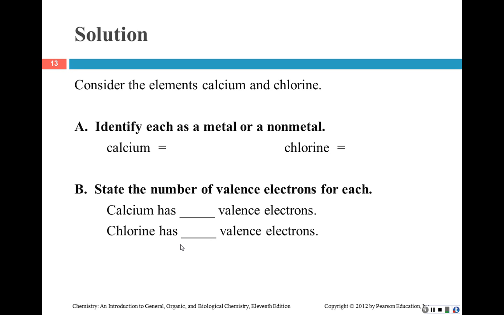If it's to the right of that line, it's going to be a nonmetal. Okay, if you have looked at that, put me on hold for a minute, you saw that calcium is indeed on the left side of that, so calcium is a metal ion, and chlorine is to the right, so it is what? A nonmetal.